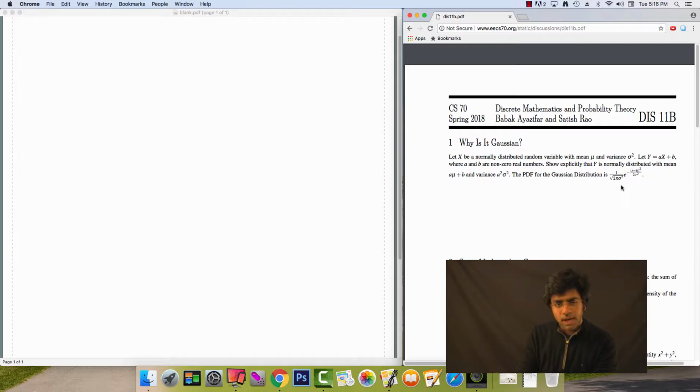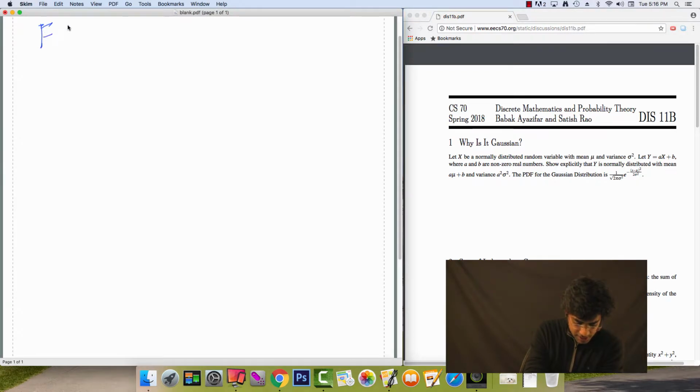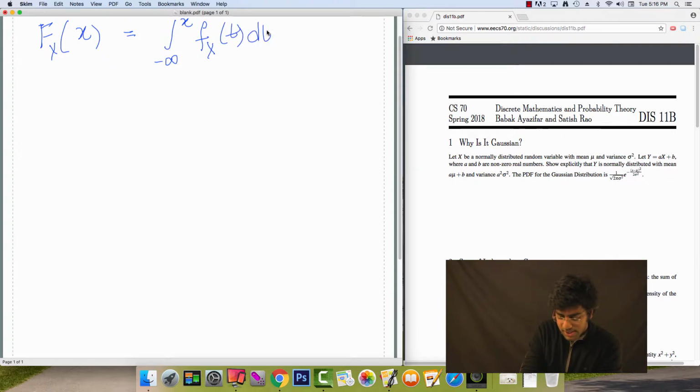However, I can abstractly represent it. So what I mean is this quantity, capital F of x, which is defined as this integral. I do not have an explicit formula for this. However, by definition, I know that this is the probability that X is less than or equal to some little x. Okay, and the question is, can I relate Y to this thing?